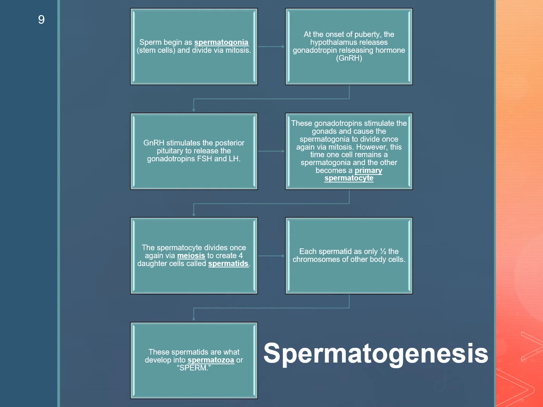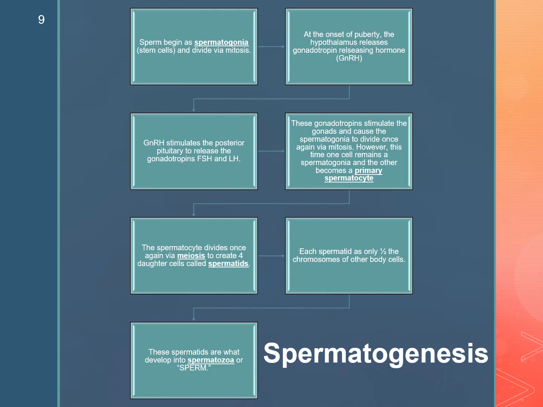And they're just going to be multiplying and copying themselves via mitosis. Remember, mitosis results in 2 identical daughter cells when there's a division. So at this point, when the fetus is developing, this is what's happening as the male grows prior to puberty, okay? Now at the onset of puberty, something happens.